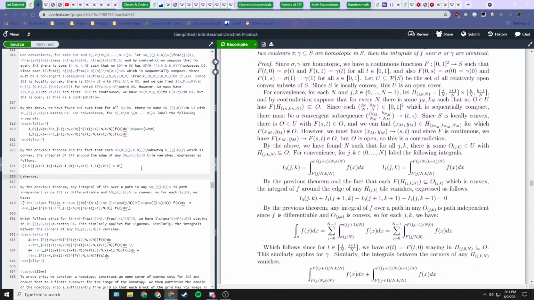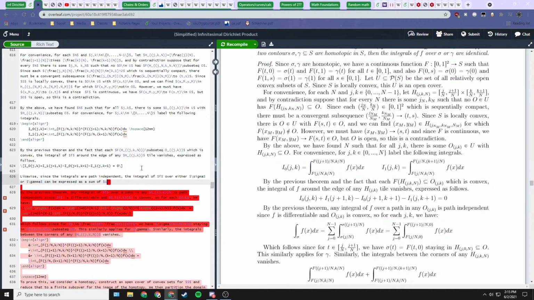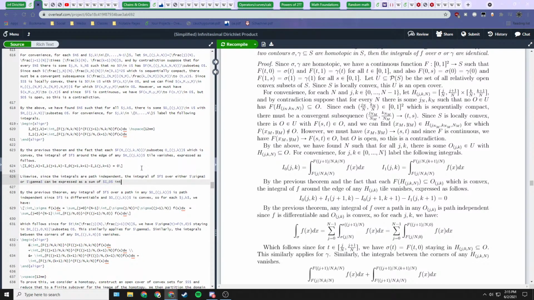We also have, likewise, since the integrals are path independent, the integral of f over either sigma or gamma can be expressed as a sum of I0 integrals as follows.